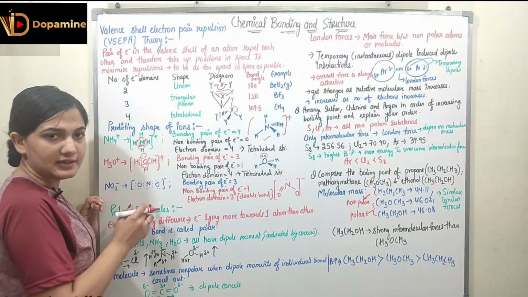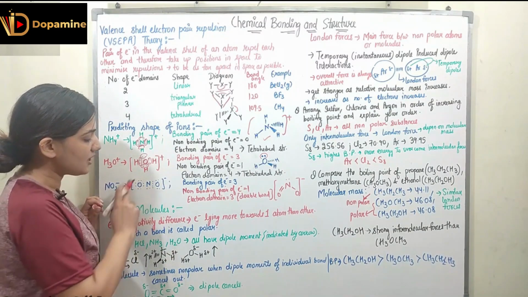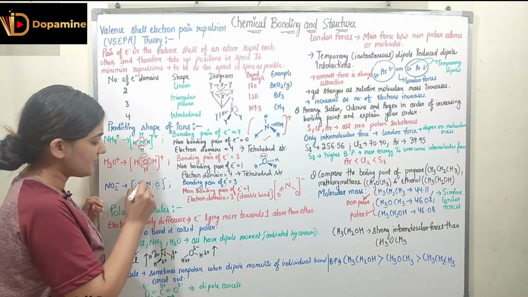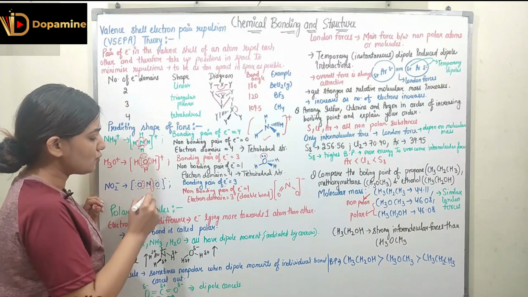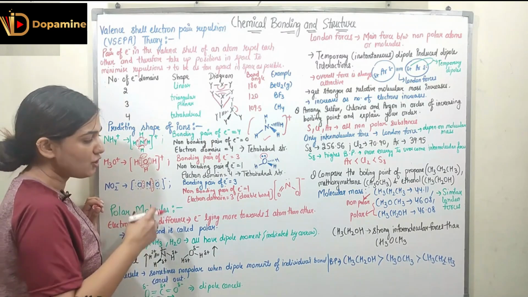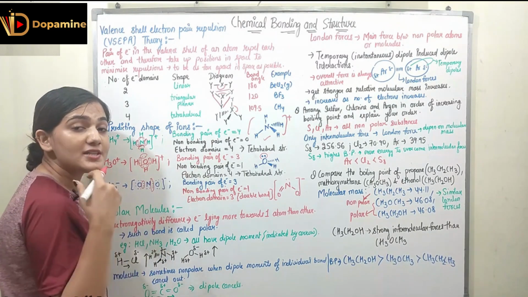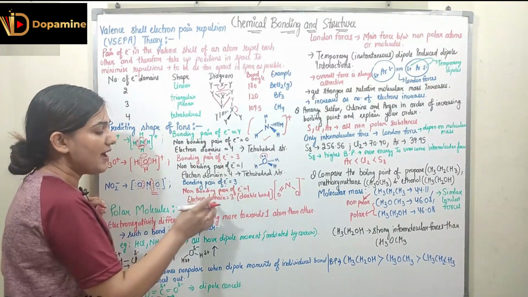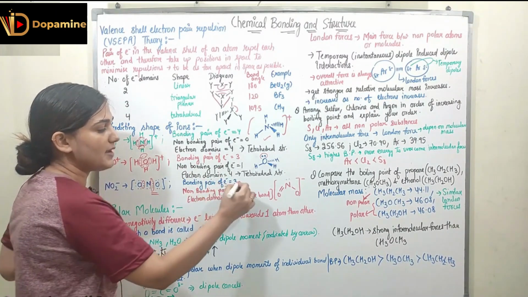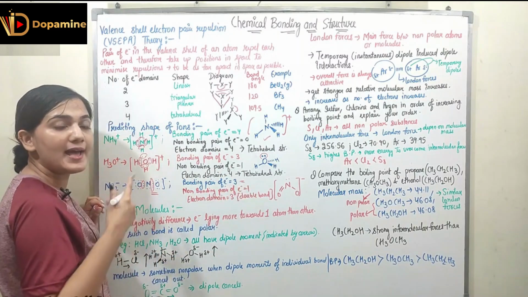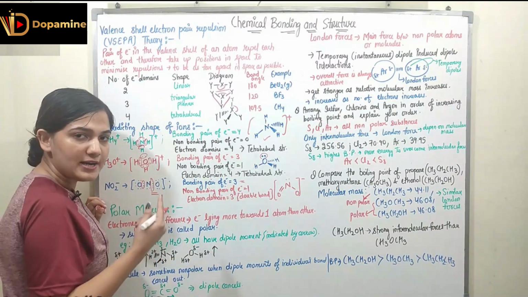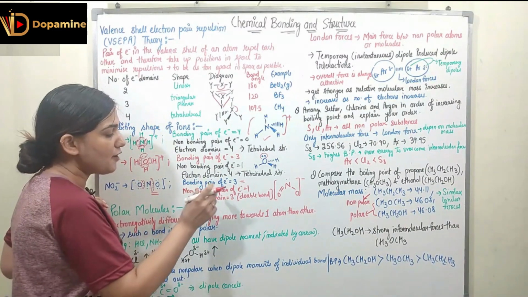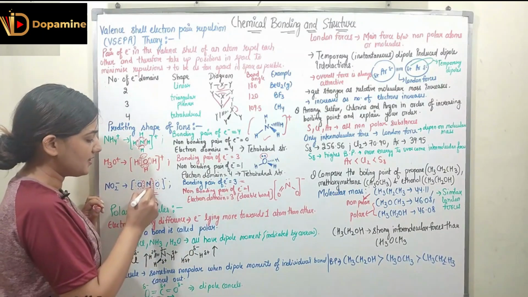Now NO2 negative. This is its Lewis structure. Here you can see this is a bonding pair of electrons, and these two are also bonding pairs. So the bonding pairs are 3, but here we have a double bond. When calculating the electron domain, we can take this double bond as one bonding pair only. The non-bonding pair of electrons here is 1.